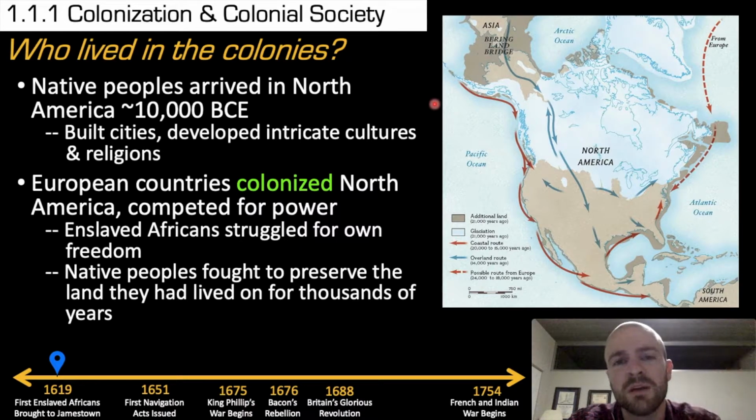But if you really want to label native groups by probably the most correct name, you would just refer to them as native peoples or native tribes to emphasize that there were thousands of unique nations.